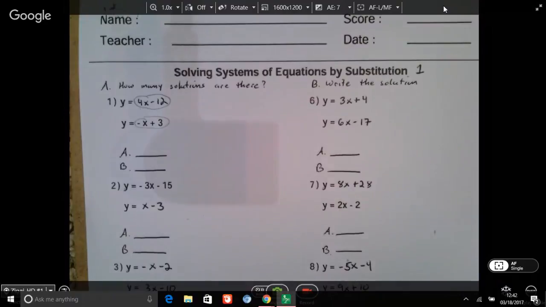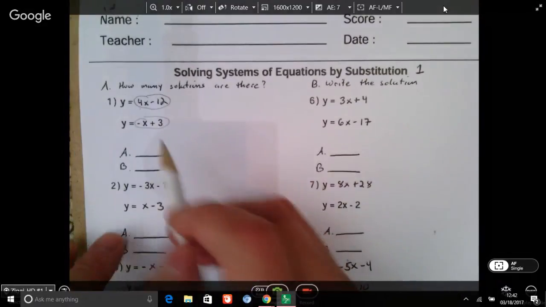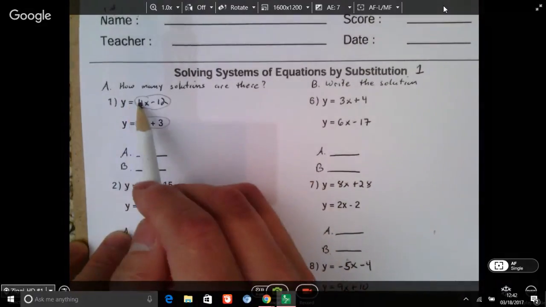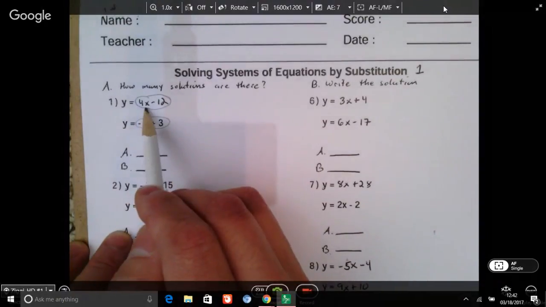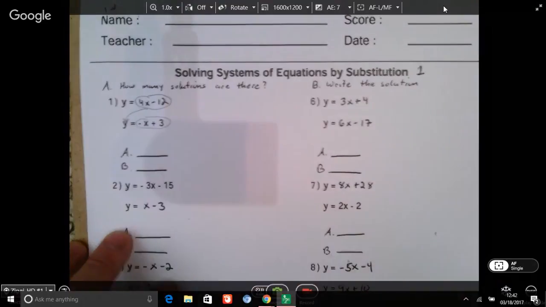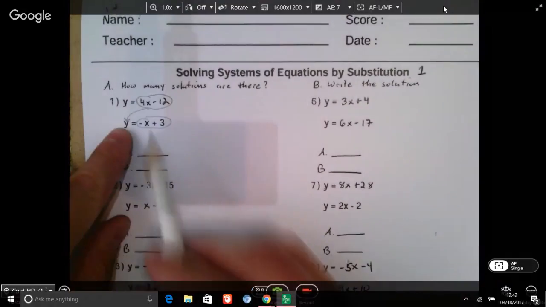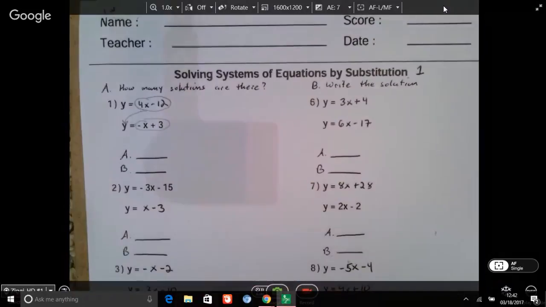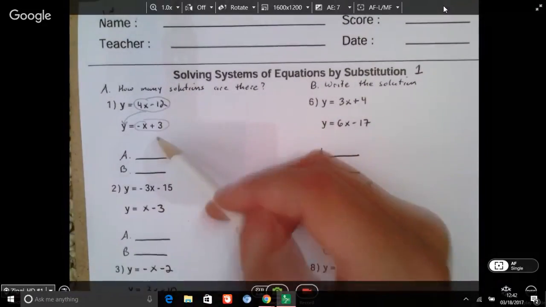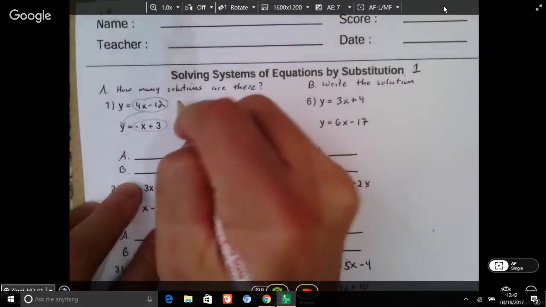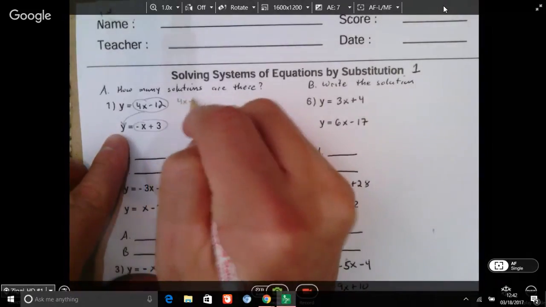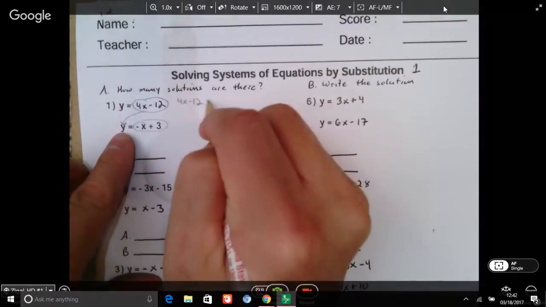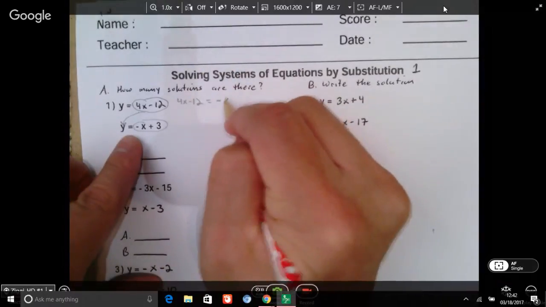Another way to look at it is, since y equals 4x minus 12, I'm going to take out this other y and put in 4x minus 12. Essentially, I'm setting these two things equal to each other. Then you have the equal sign, and then you have negative 1x plus 3.